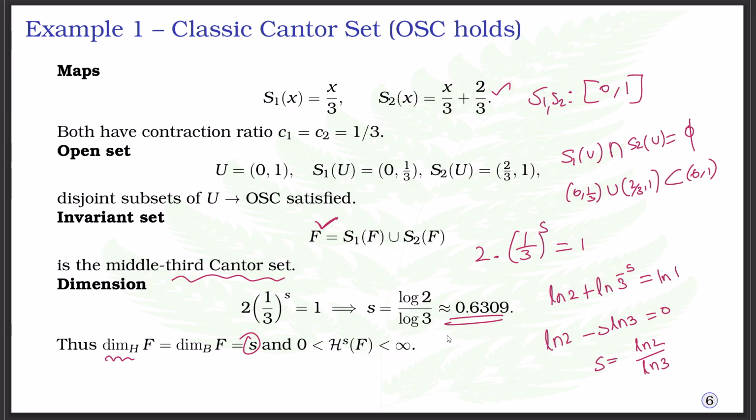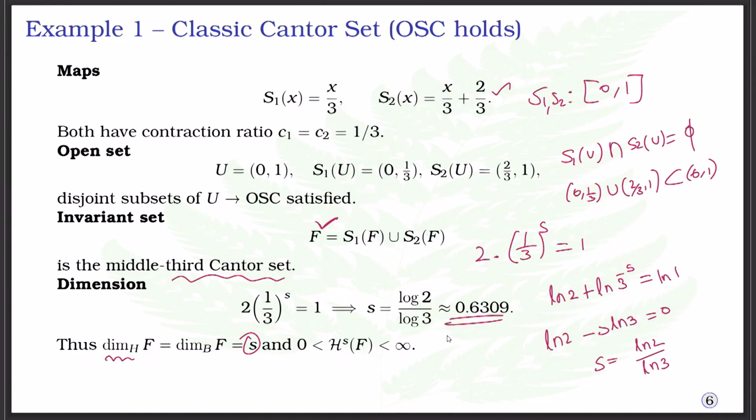Now, we obtained the Cantor set fractal dimension as well as the Hausdorff dimension by a different approach. If we obtain the invariant set by means of an iterated function system, and the iterated function system satisfies the open set condition, then the Hausdorff dimension as well as the fractal dimension of the object are the same, and can be obtained by this equation.